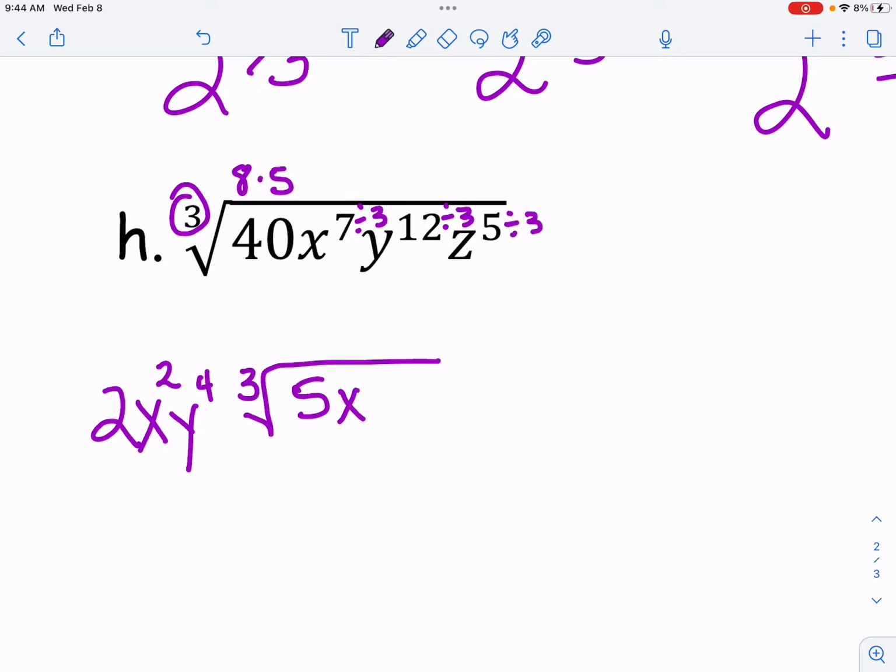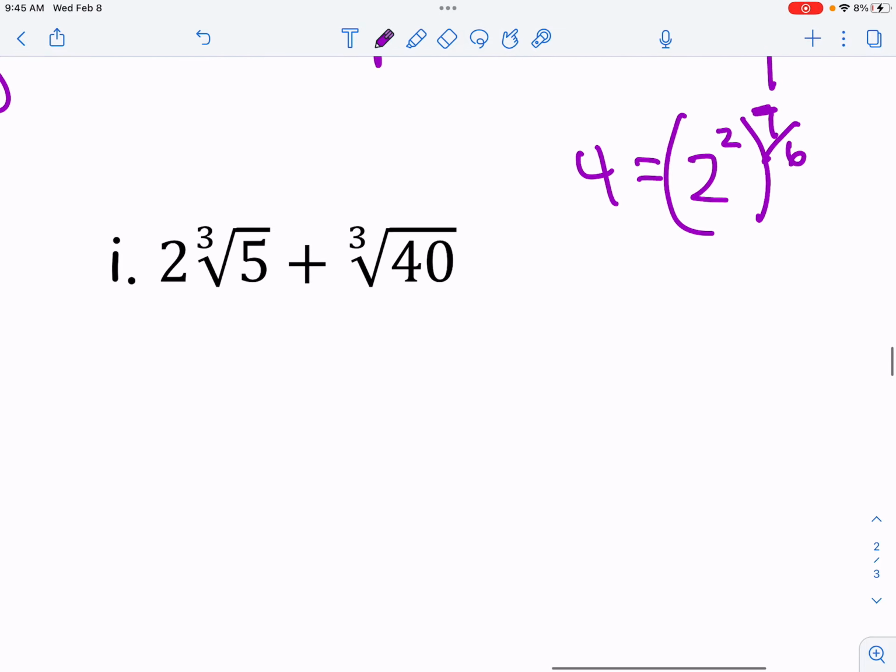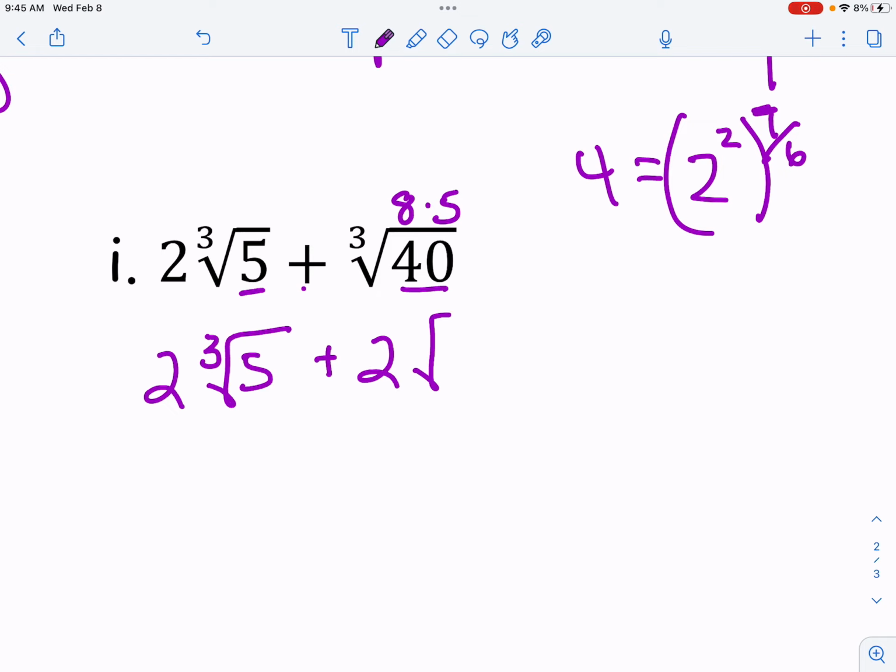There's 1 whole group and 2 left over. Okay, this has to be the same number because it's addition. I can break this down and I get 2 cube root of 5 plus 2 cube root of 5. That's equal to 4 cube root of 5.